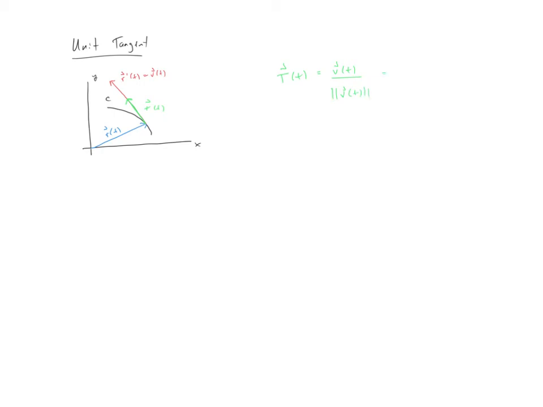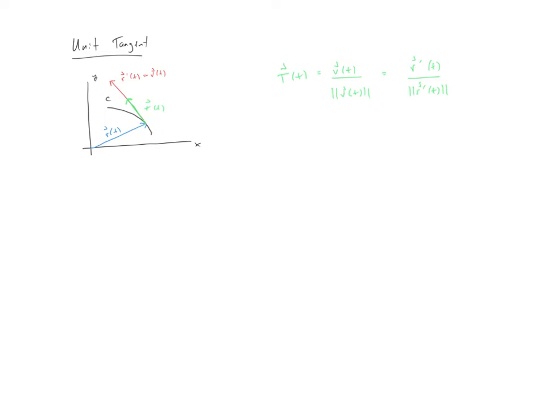You can also see it written as r prime of t divided by the magnitude of r prime of t. Both of those are clearly the same thing. I've labeled them here. So whichever one you prefer to look at, whichever one you prefer to deal with is perfectly fine. So that's going to be your unit tangent.